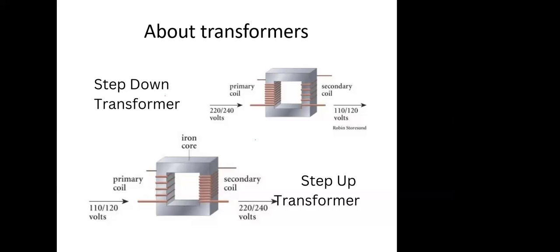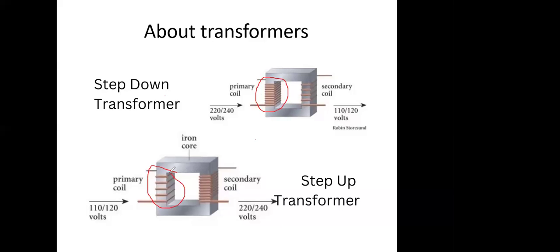And according to what we see, you realize that we have primary coils. We have a primary coil in the step down, and we have a primary coil in the step up also.